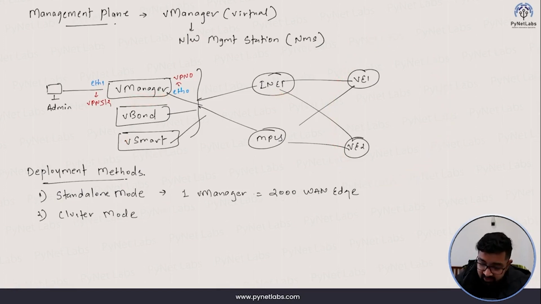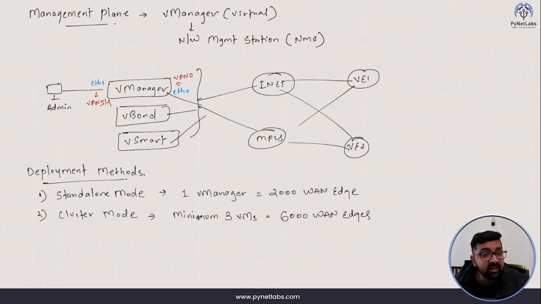And if you cluster it, which is a minimum of 3 vManagers, then that becomes 6000 WAN edges. And you can increase the size of your cluster also to 5, 7, 9, 11 and so on.